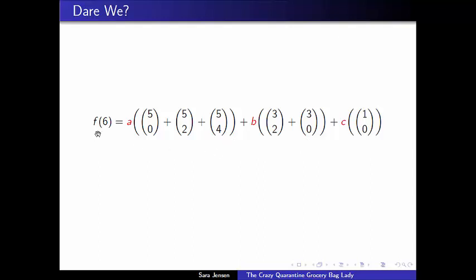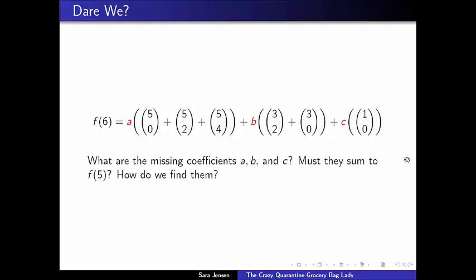And what f of 6 should be is this sum, once we can figure out what these coefficients should be, i.e. the number of arrangements from step 5 that had 5 bags, the number of arrangements from step 5 that had 3 bags, and the number of arrangements from step 5 that had just 1 bag. So we're missing these coefficients. How do we find them?